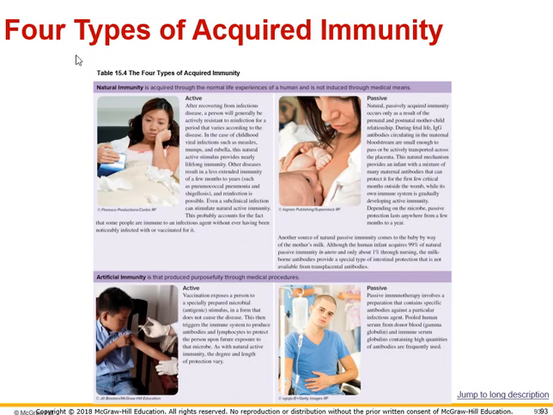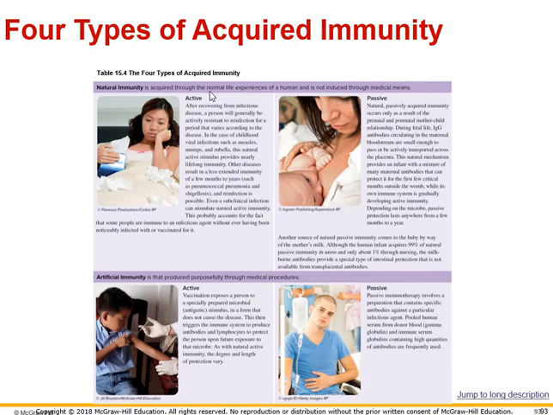Okay, so 4 types of acquired immunity. These are based on what you receive, how it is given to you, and what you receive. First of all, if it is natural, it's going to be acquired through normal life processes, like biological processes normally happening without any medical intervention.